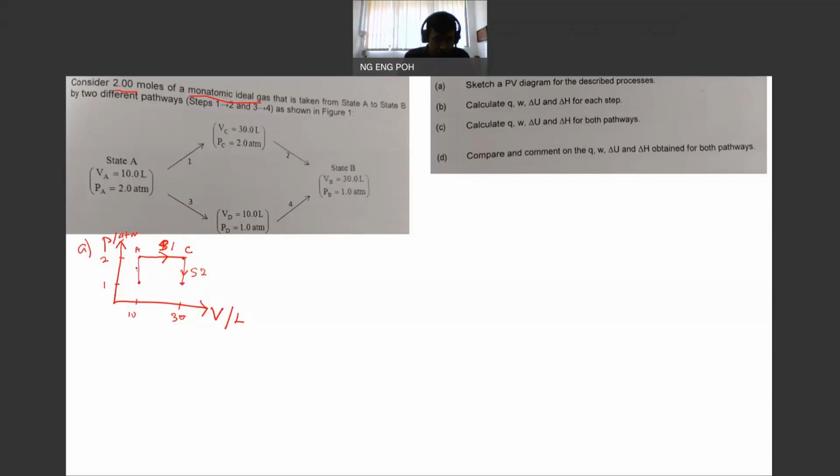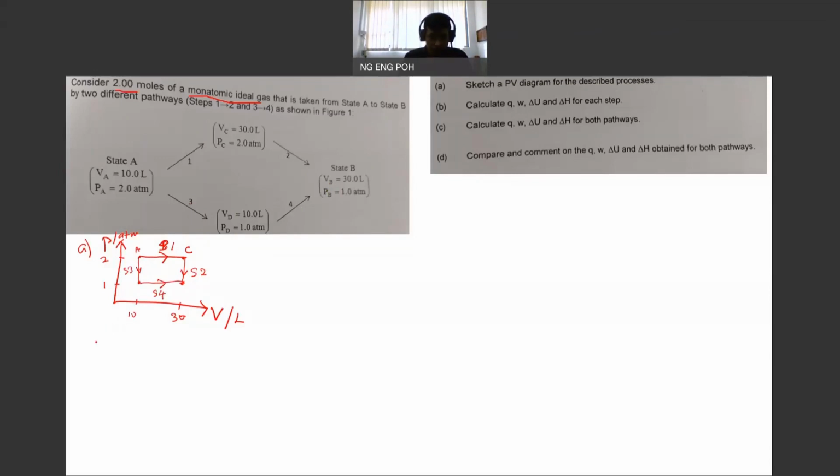So this is step 3, and step 4 goes to 30 liters and 1 atm. So this is step 4. This is the answer for part A.